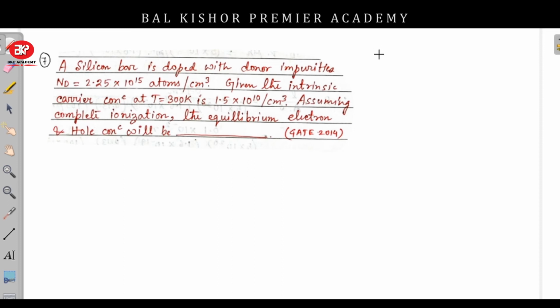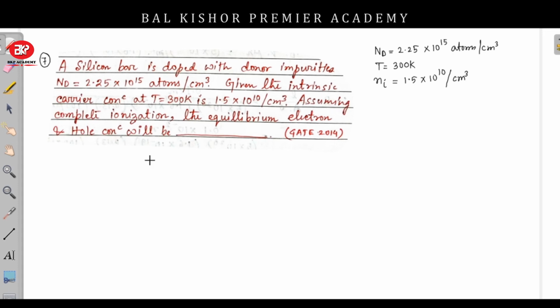The given Nd value is 2.25 into 10 to the power 15 atoms per centimeter cube, and the given intrinsic carrier concentration at 300 K, the room temperature, the Ni value, is 1.5 into 10 to the power 10 per centimeter cube.